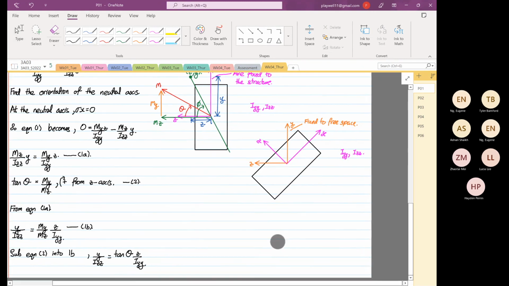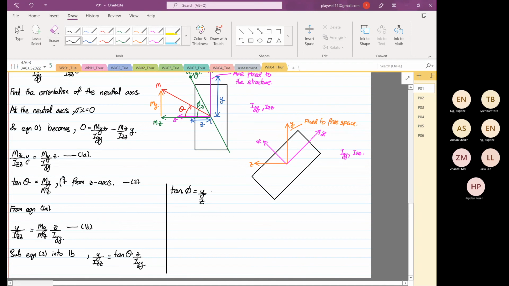Okay. So we know that tangent phi is equal to y over z.